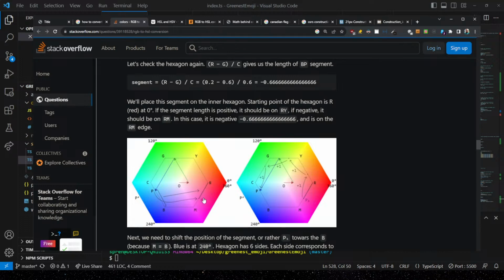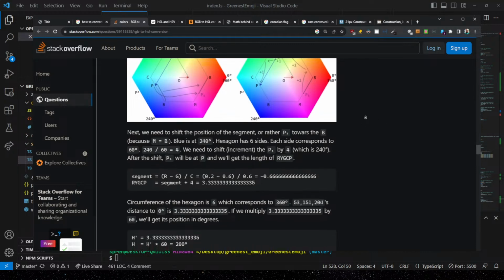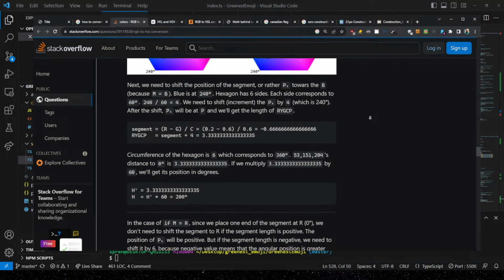Okay. In this case, it's negative, and it's on the RM edge. And then you need to shift the position of the segment towards B. Yep, it's basically lost me, but that's fine.